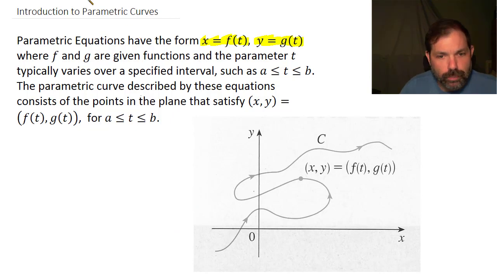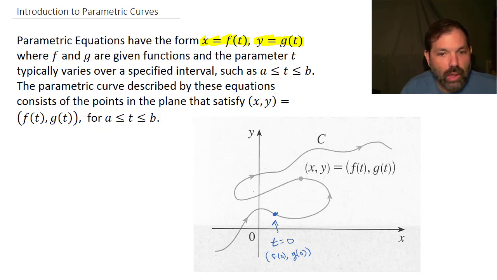And so, for example, here's this generic curve in the plane, and this point, for example, might be the point when t equals 0. And so then this point has x coordinates and y coordinates, x of 0, so f of 0, and then y at 0, so g at 0.